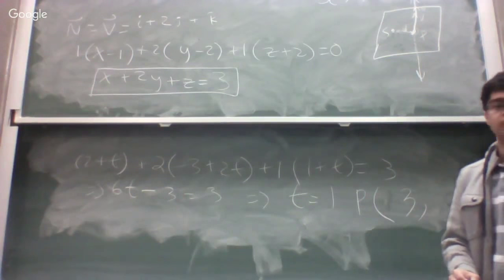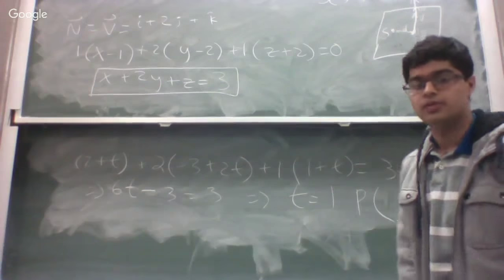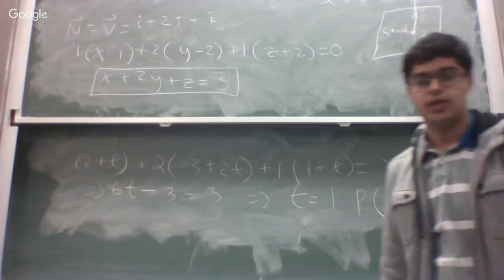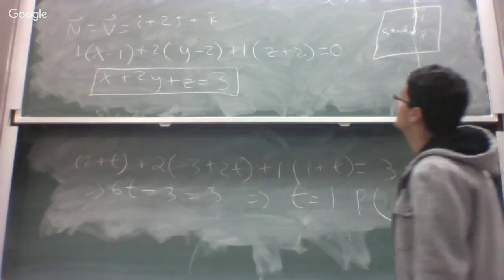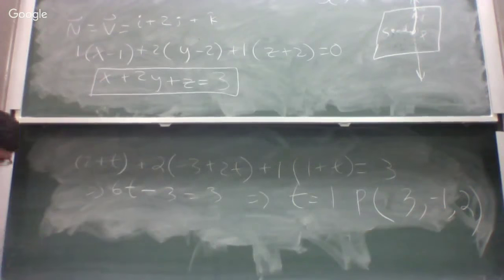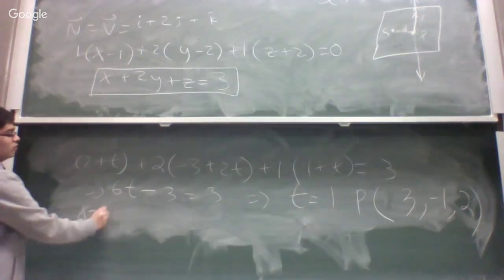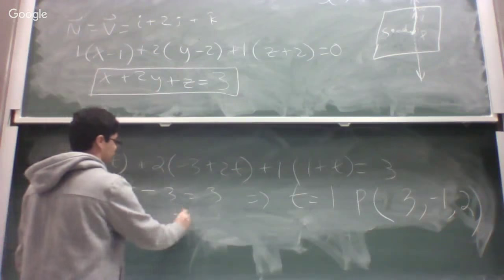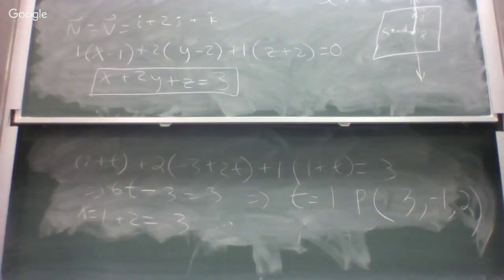Y is equal to -1. And z is equal to 2, if you guys can read that. We just plugged in t for x, y, and z. So I can write it x is equal to 1 plus 2, that's equal to 3.